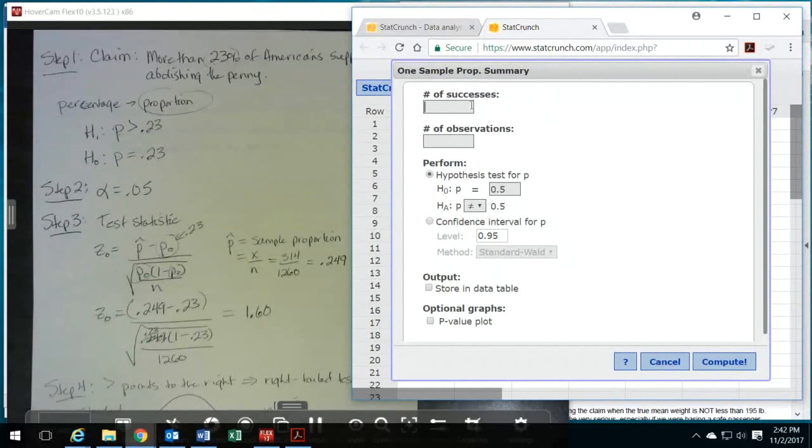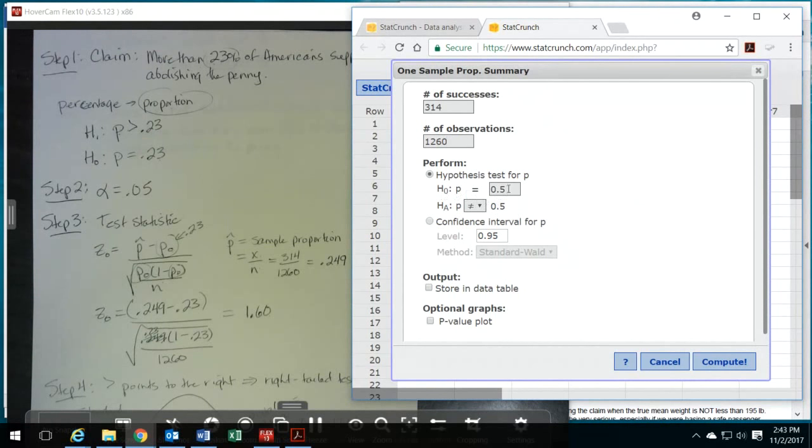So here's where it's going to ask us for some of the numbers. Number of successes is the same as our X down here, so we're going to put in 314. The number of observations is the same as our sample size, or the number of trials. So that's 1,260.